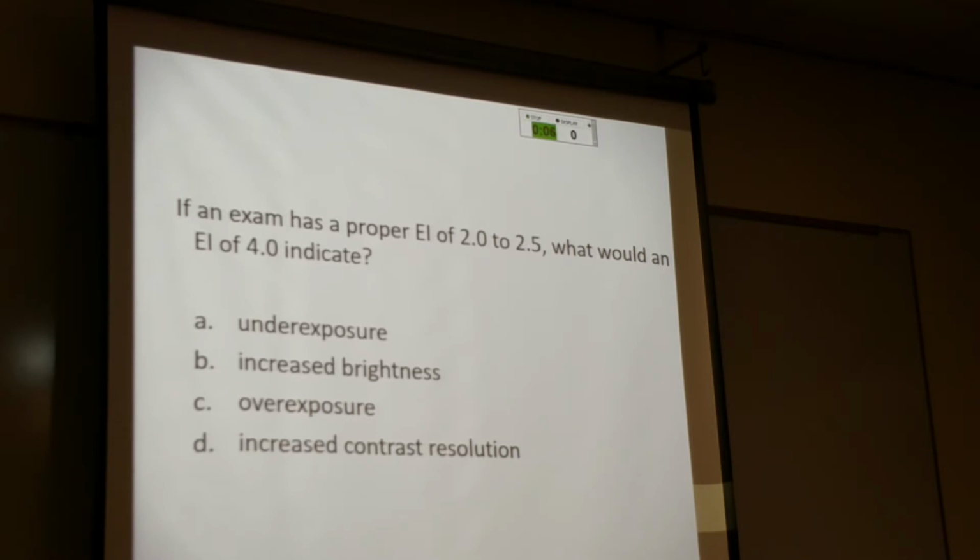So this is exposure index, which is different than the S number. Remember that? Which we hate. Oh no, this one we like, the S number. So, an EI, what is that relationship? So think about that.